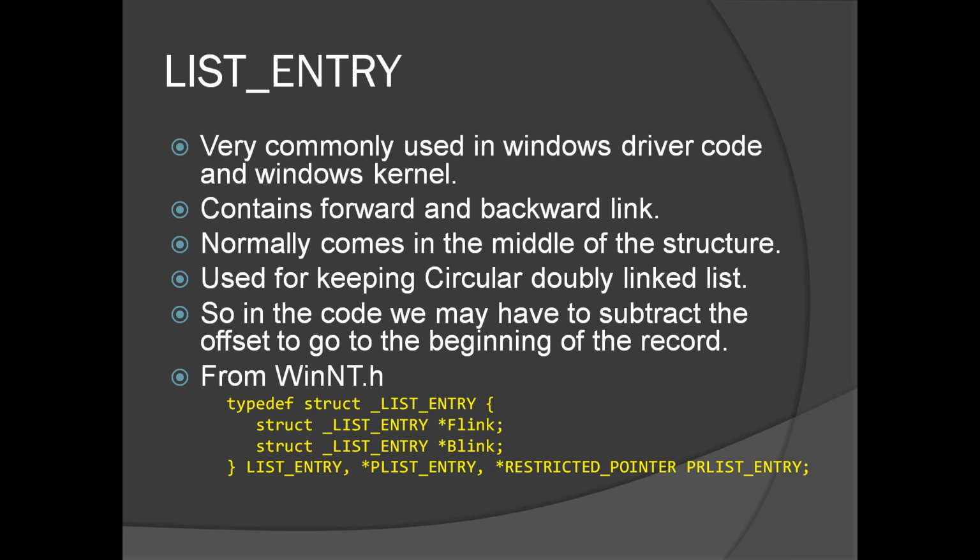This is how list entry looks. You have an F link and a B link, just like in the case of a doubly linked list. It doesn't have any other data elements, so we will see how this is managed in a sample.